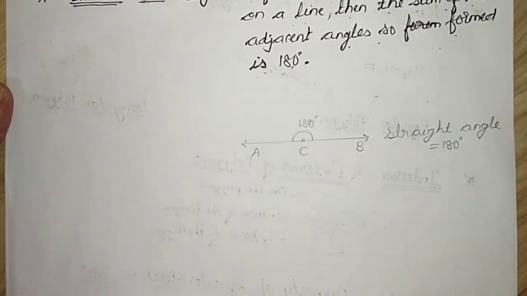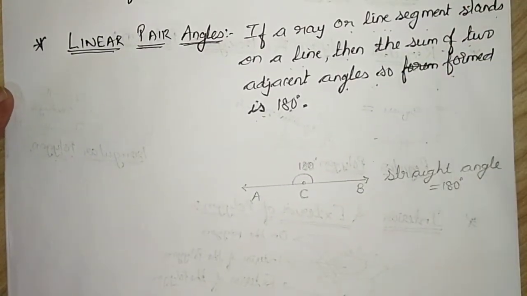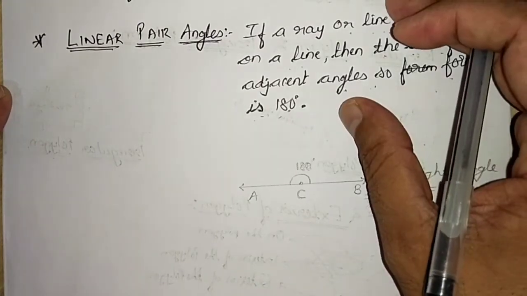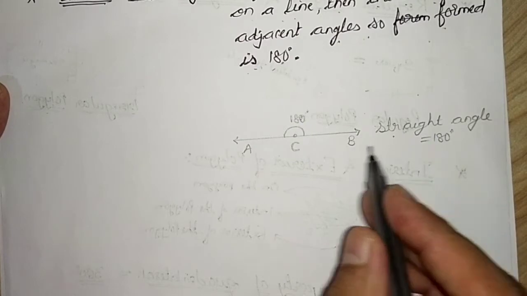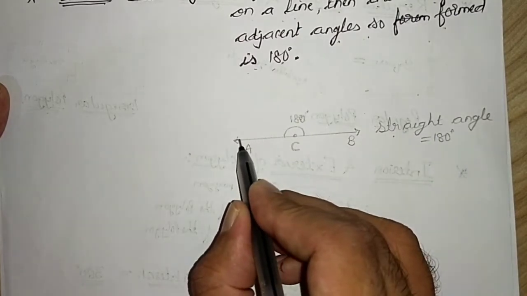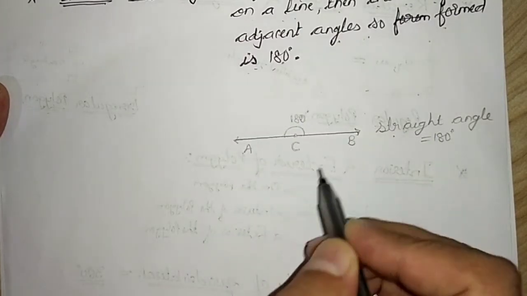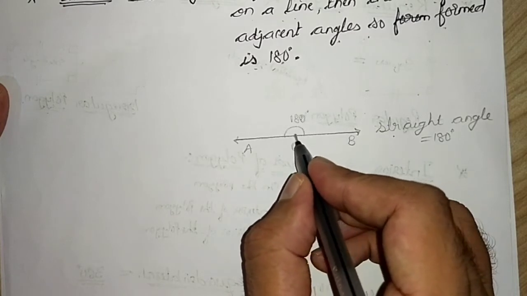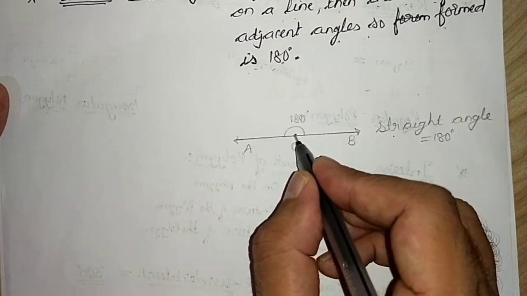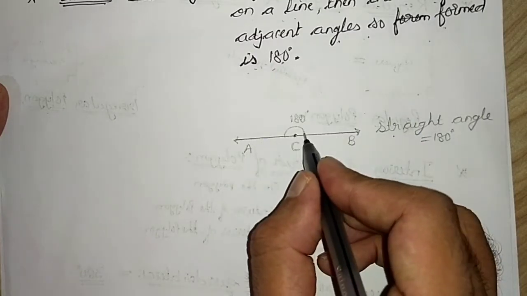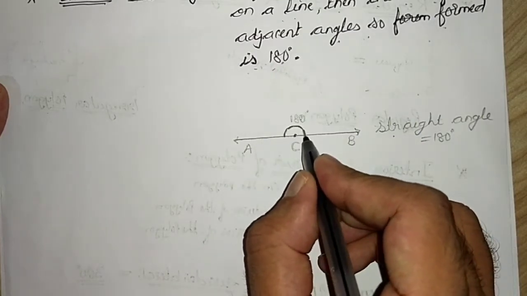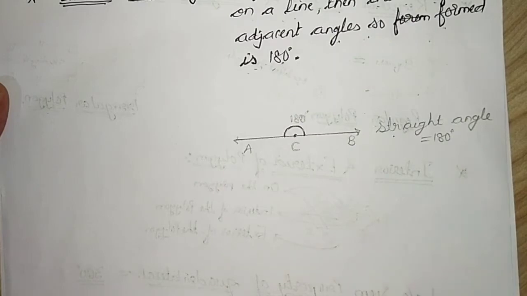Well students, before I explain this definition, you must be knowing what is straight angle. In a straight angle there is one straight line AB, and the angle for any point on that line is 180 degree. This is called straight angle. Straight angle is always having 180 degree.